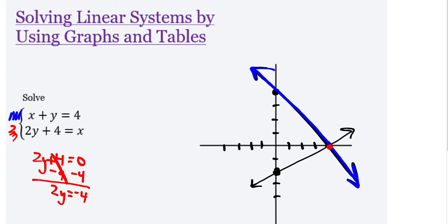Divide by 2. So then you get y equals -2, and that's the y-intercept for the second one. So this is called intercept graphing. And I thought it would probably be easier for you to do that with this section, but go ahead.